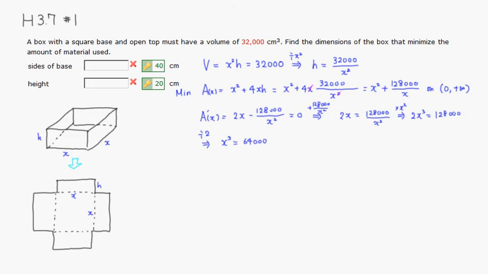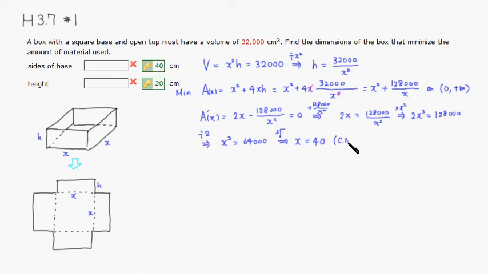We take the cube root of this so that we can get rid of the cube. So x is equal to, the cube root of 1,000 is 10, and the cube root of 64 is 4, since 4 times 4 times 4 is 64, so it's 40. So 40 is the critical number.